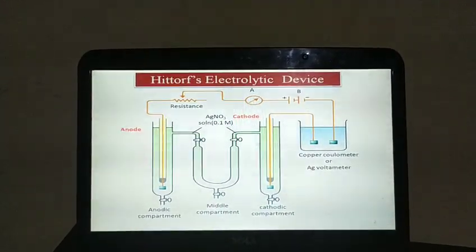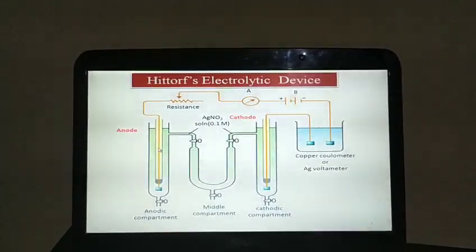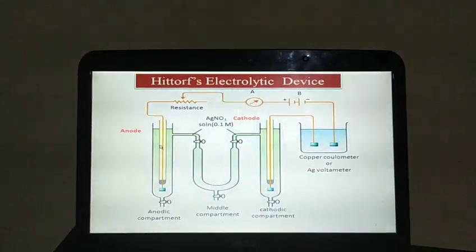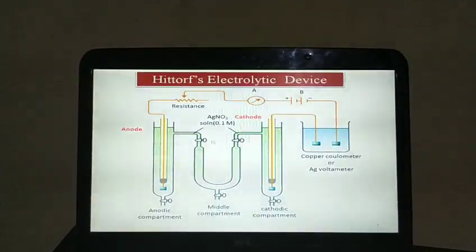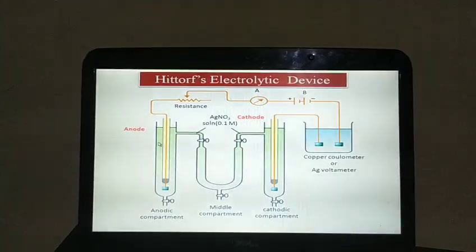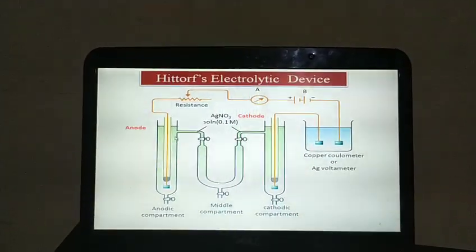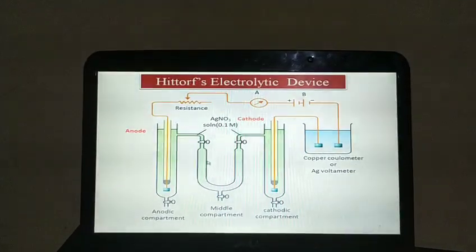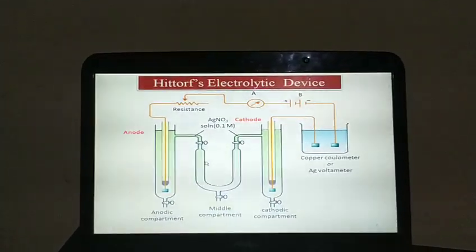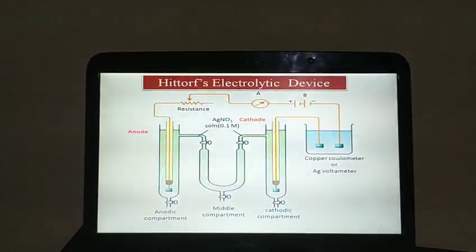Carry out the electrolysis for 2 to 3 hours. After 2 to 3 hours, some amount of silver ions from the anode will move to the cathode, and there is a decrease in the concentration of Ag plus ions in the anode. This is analyzed by withdrawing the solution from the anode and U-tube and analyzing it using ammonium thiocyanate or potassium thiocyanate solution.